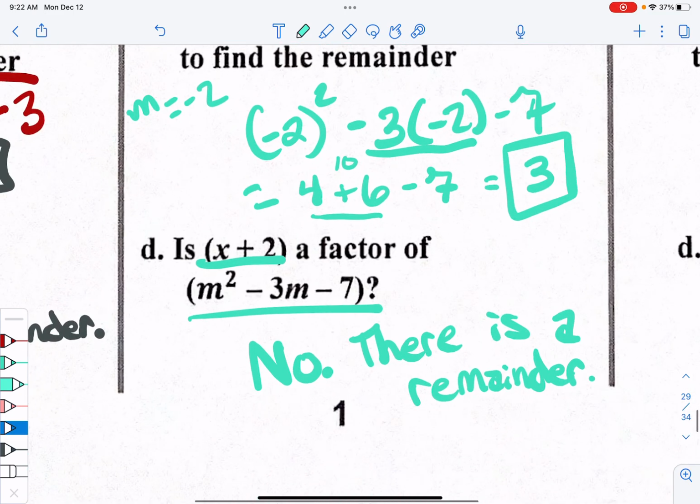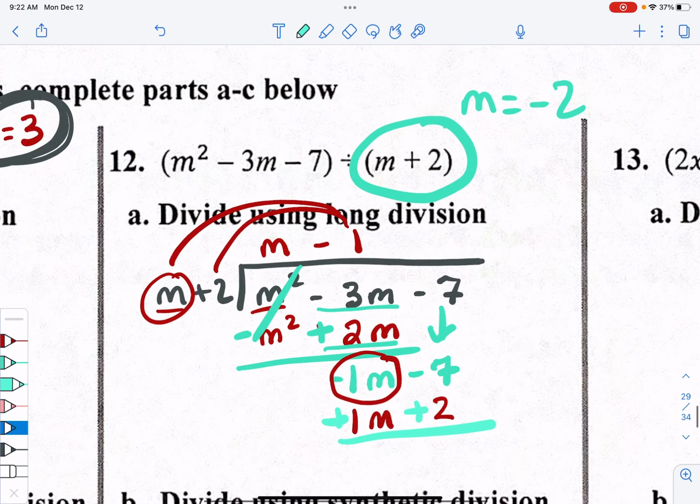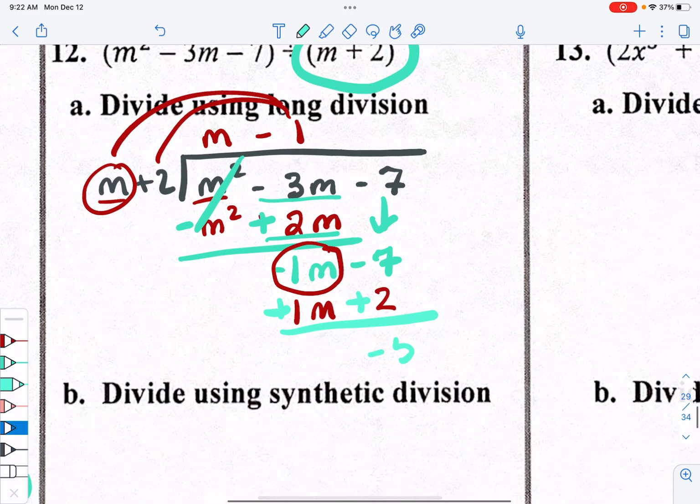Why did I not get the same answer? 3 is what my remainder should be. What did I do wrong? Negative 1, because here my remainder is negative 5.